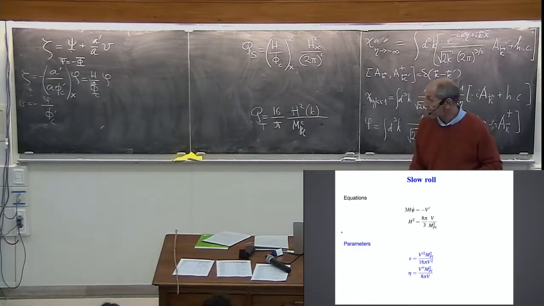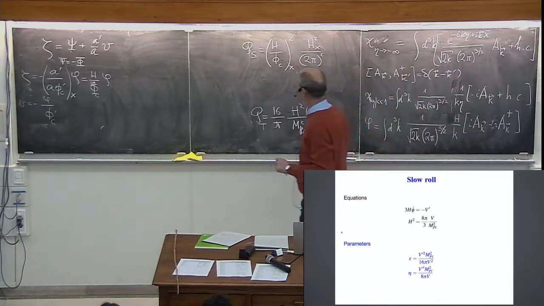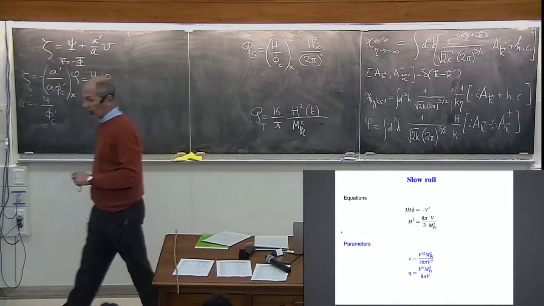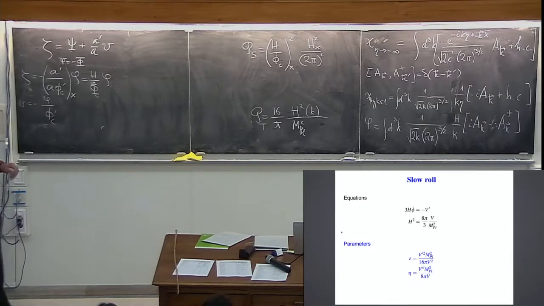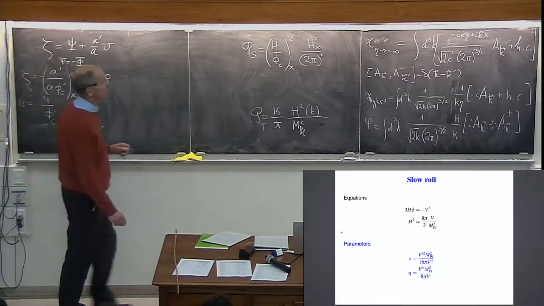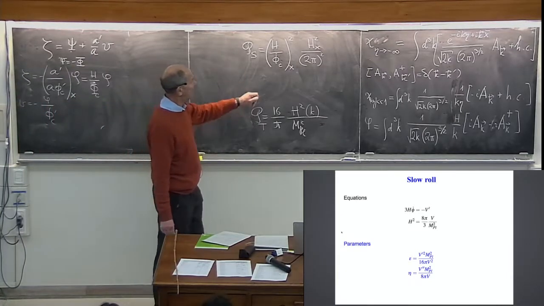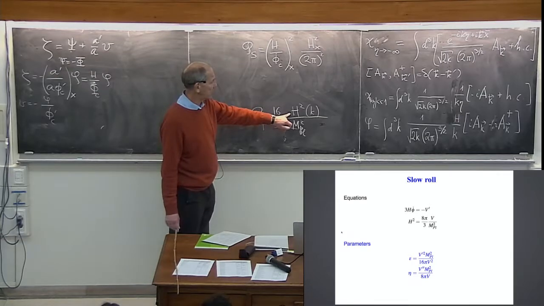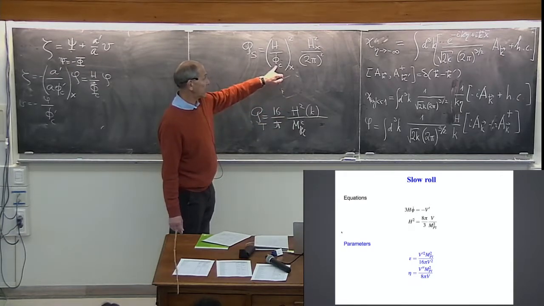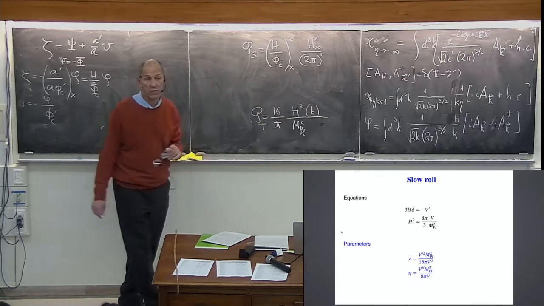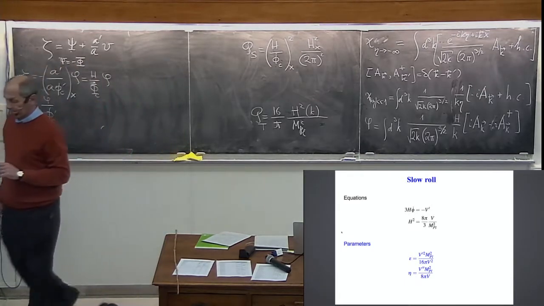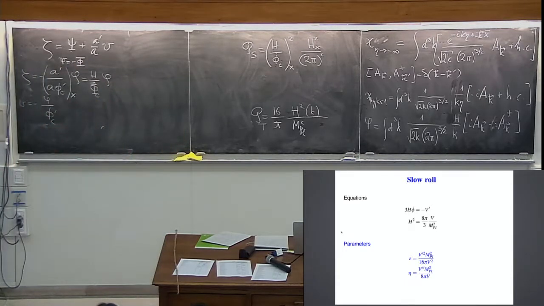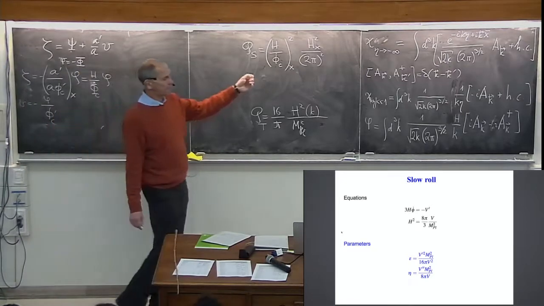Okay, and the point is that one of them depends only on the Hubble parameter, whereas this one knows about the evolution of the inflaton. Not only the Hubble parameter, but also the inflaton evolution counts here.